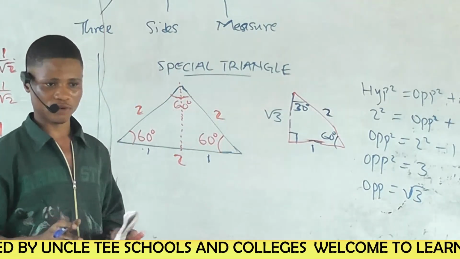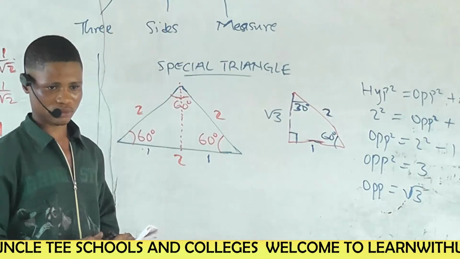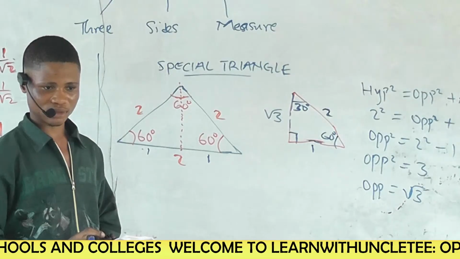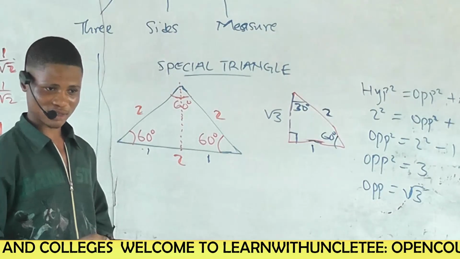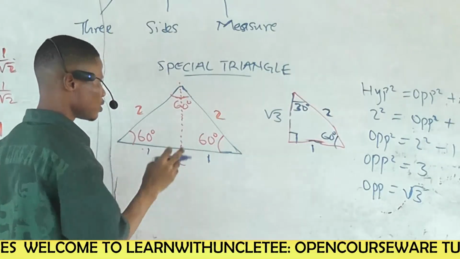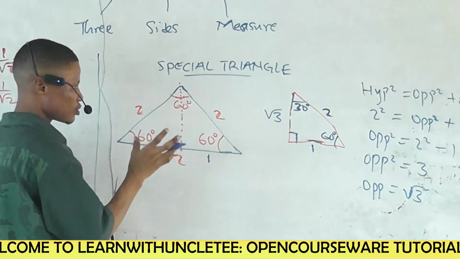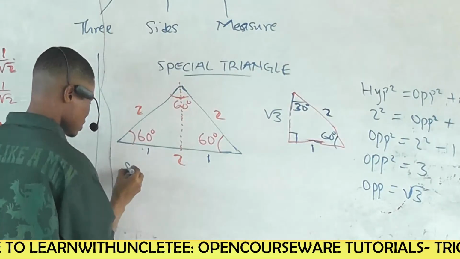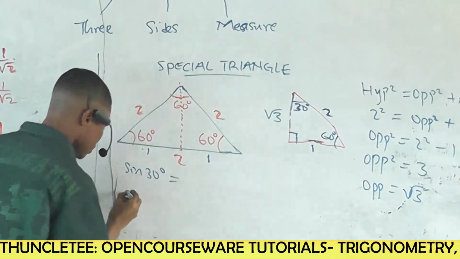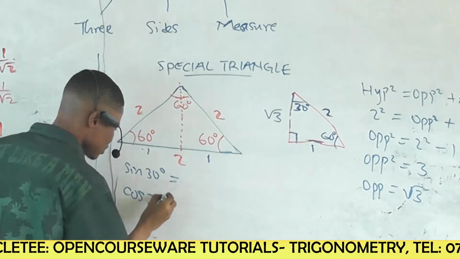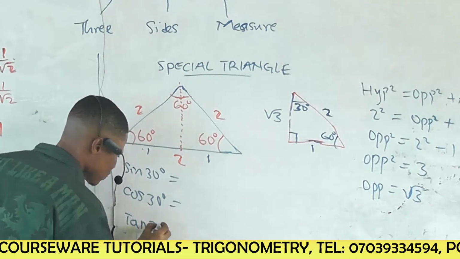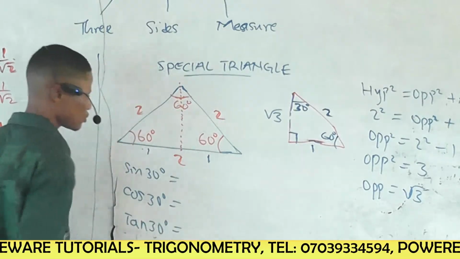Now we have to look for the special angle. Are you getting it? Hope you are getting it. It's clear. Now, the required angles we have to look for are what? Sine 30 degree, cos 30 degree, and tan 30 degree.